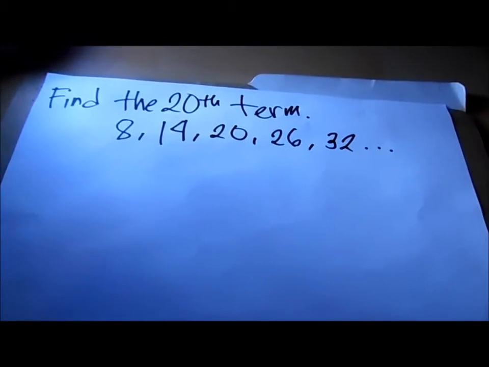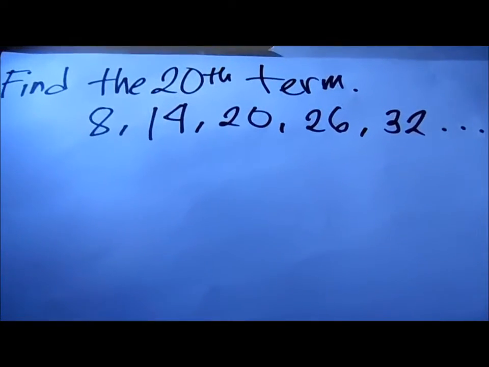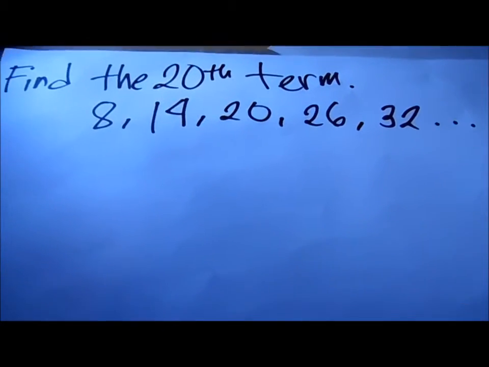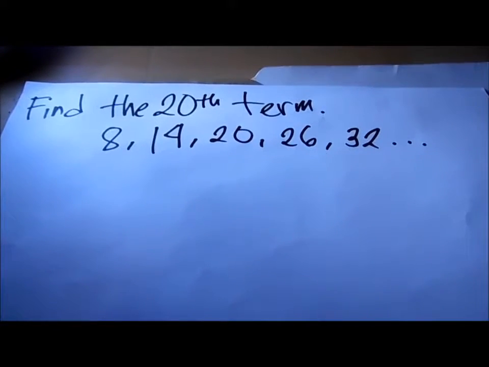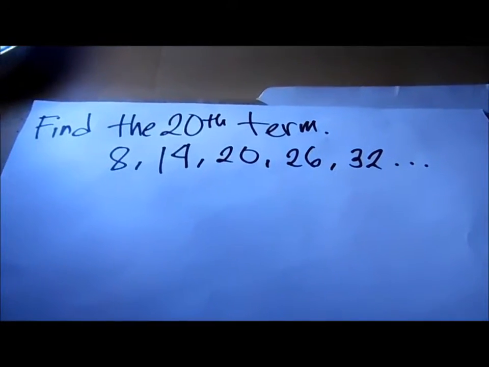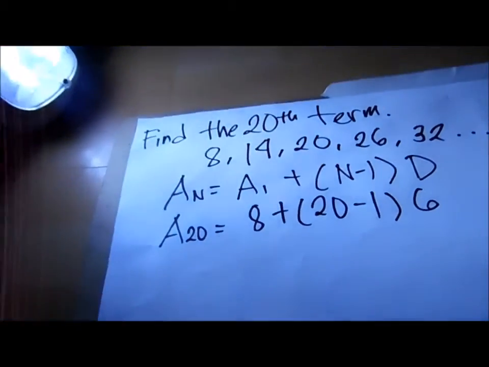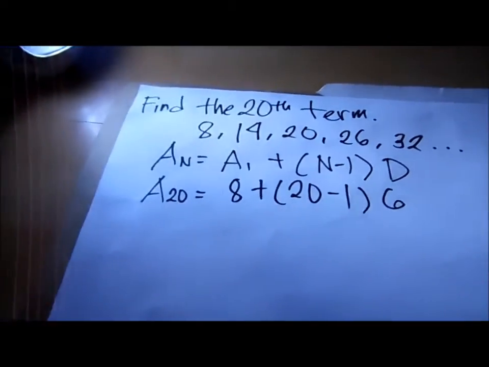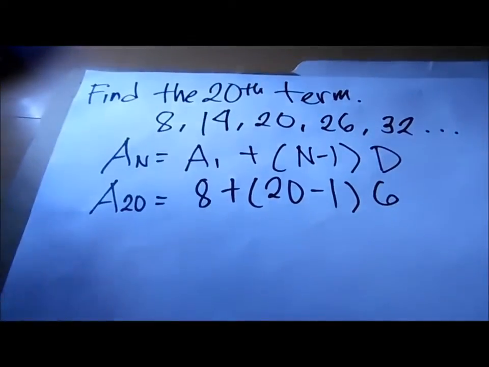Fine. This time we're gonna find the 20th term of this arithmetic sequence: 8, 14, 20, 26, and 32. We need to find the 20th term. So there's the formula, and we're gonna apply that to that formula, so you get the whole picture.